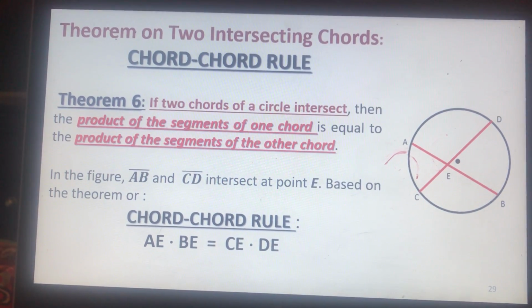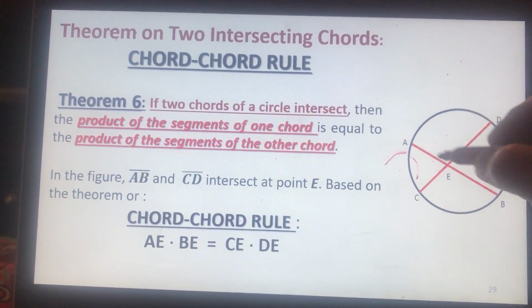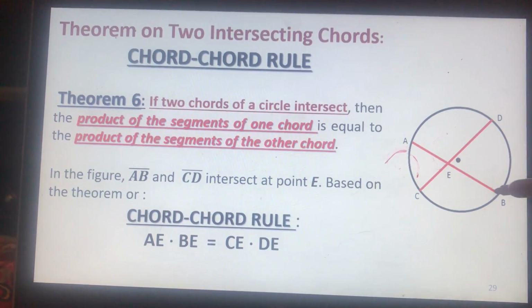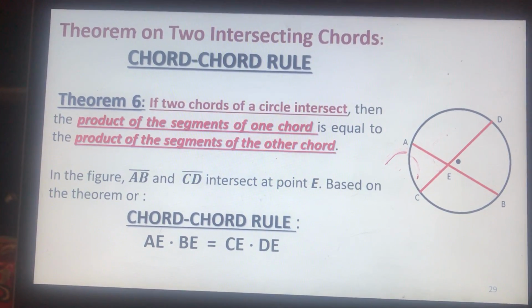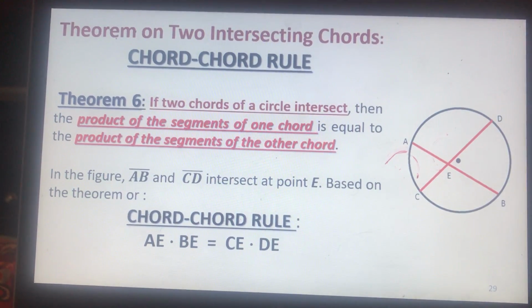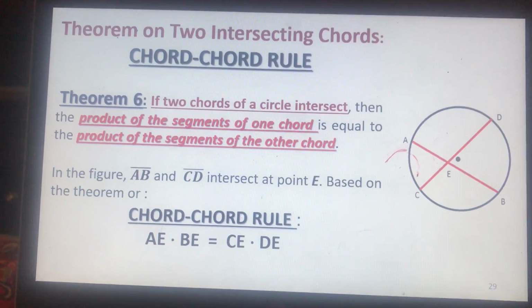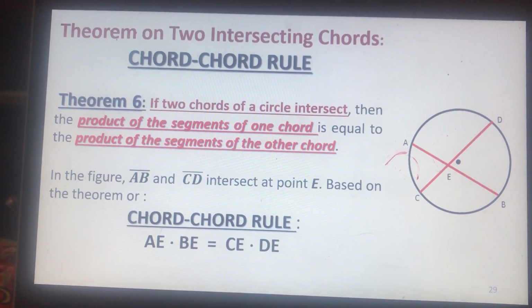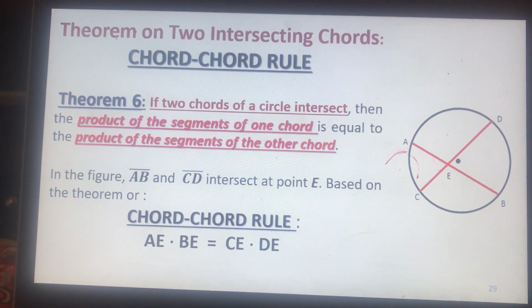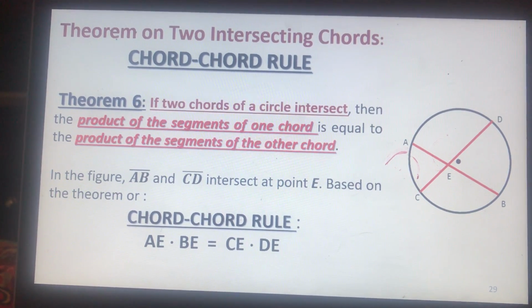So your chord rule simply states that the product of AE times BE, the two smaller line segments in chord AB, is going to be equal to CE times DE, which represent the distances of the two smaller line segments in chord CD.